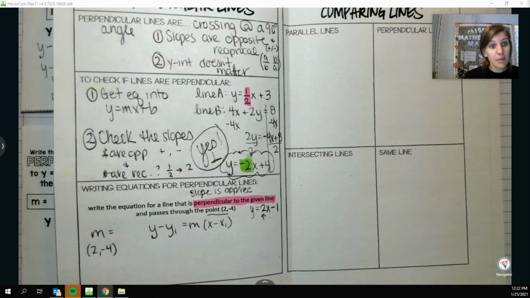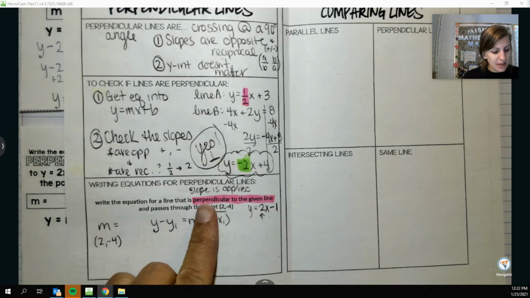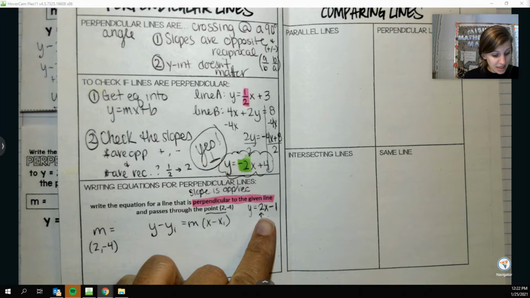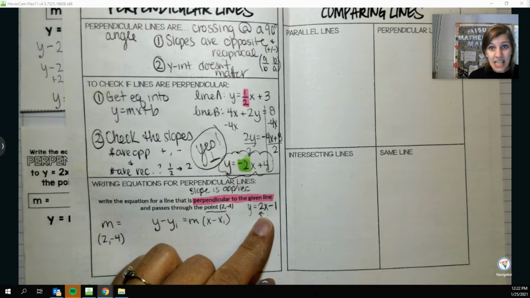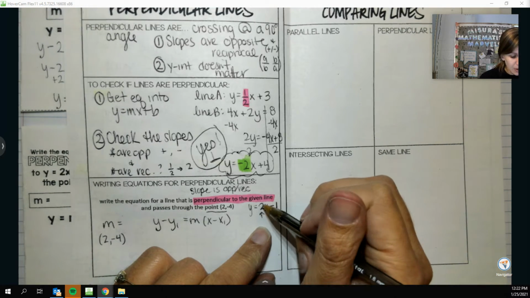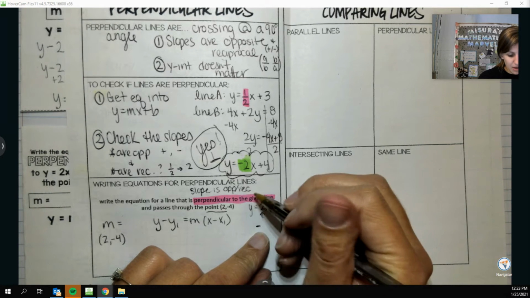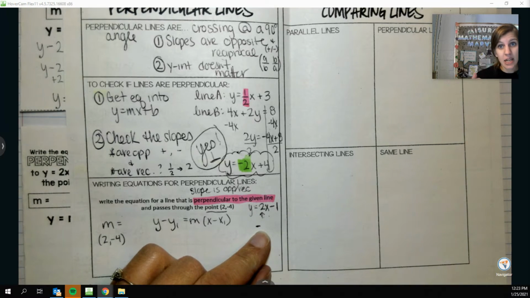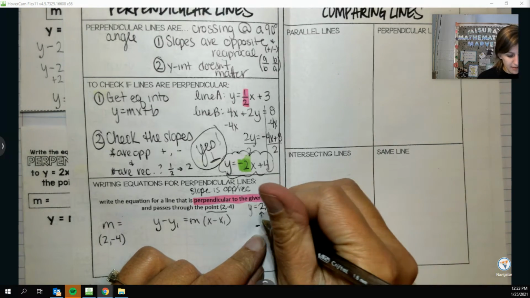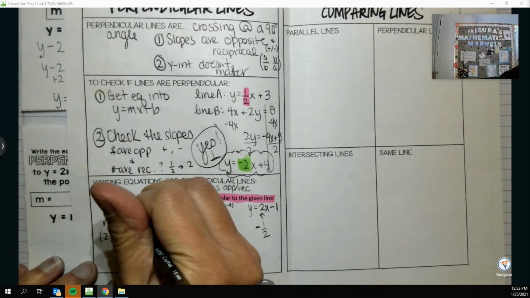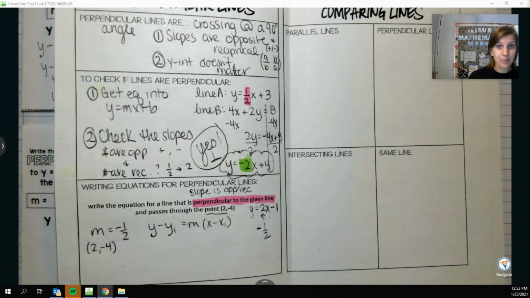I know my point right now, but I have to get my slope. Because it's perpendicular to this line, and this line's slope is 2, we're going to do the opposite of that, so negative, and the reciprocal of that, so flip it, so half. So my slope is actually going to be negative half.